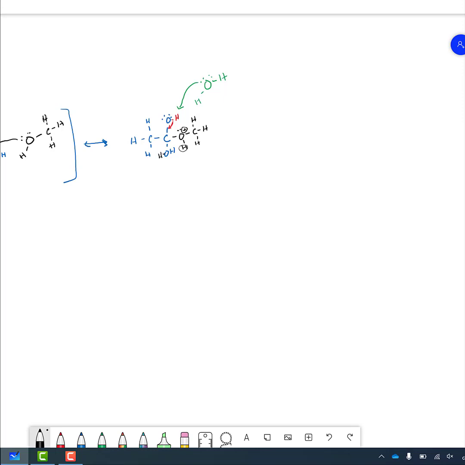So now we've got a good leaving group. So the transfer of a proton from one oxygen atom to another will yield a second tetrahedral intermediate. So we're just making a really good leaving group. So we're making a water here so it can leave.